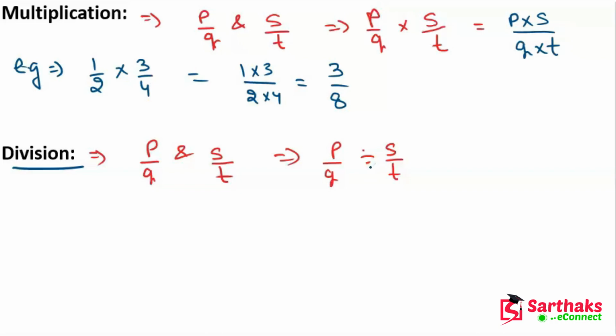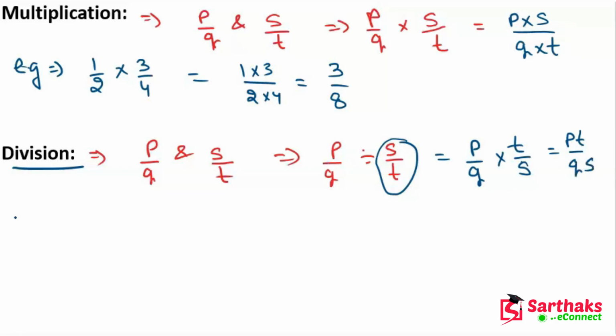For changing the sign to multiplication, we take the reciprocal of the second number. So we get P upon Q multiplied by T upon S, so we get PT upon QS.